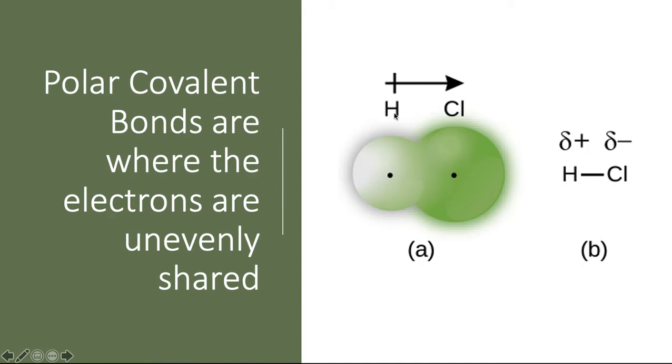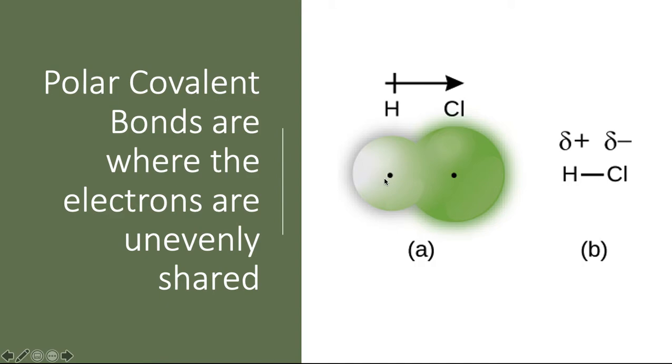I have different elements, and therefore the ability of these elements to attract those electrons to themselves is different. Chlorine, it just so happens, wants those electrons more than the hydrogen does. So those electrons that are being shared between the hydrogen and chlorine end up spending a lot more time closer to the nucleus of the chlorine than they do to the hydrogen.